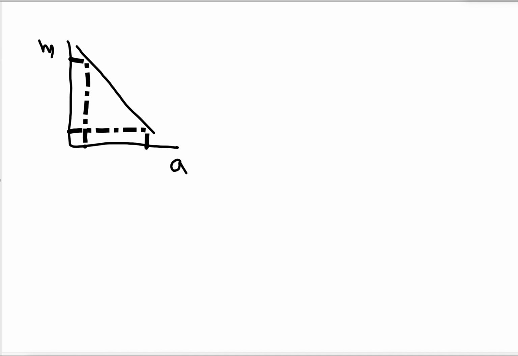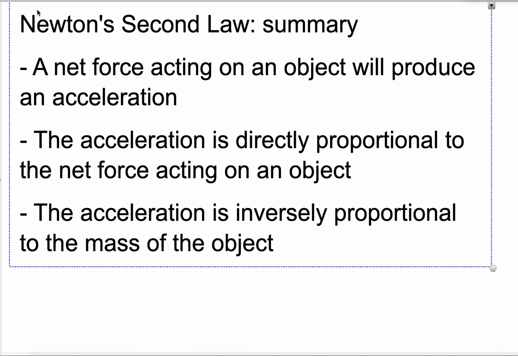So now that we know that force and acceleration are directly proportional, and we know that mass and acceleration are inversely proportional, and we know that a net force other than 0 is going to produce an acceleration, we could actually write Newton's second law as an equation now.